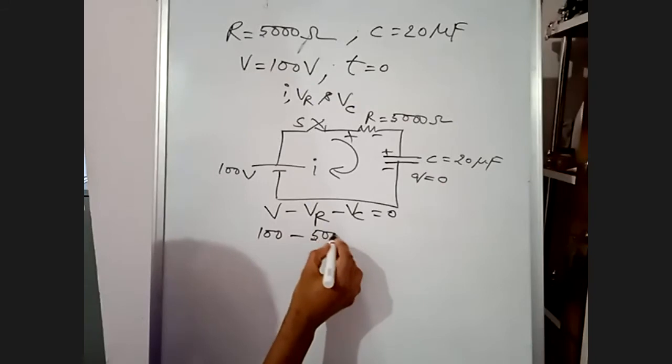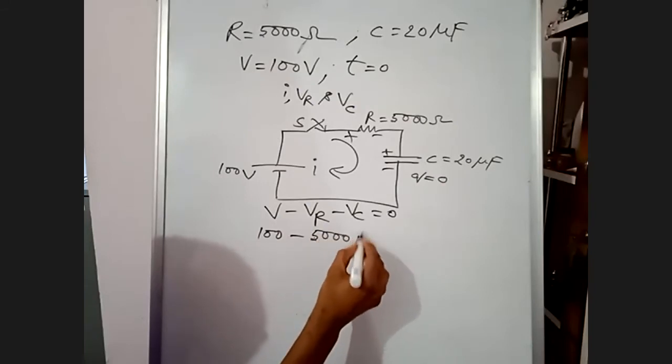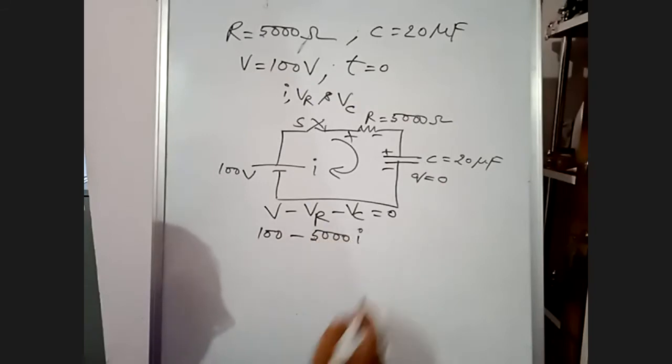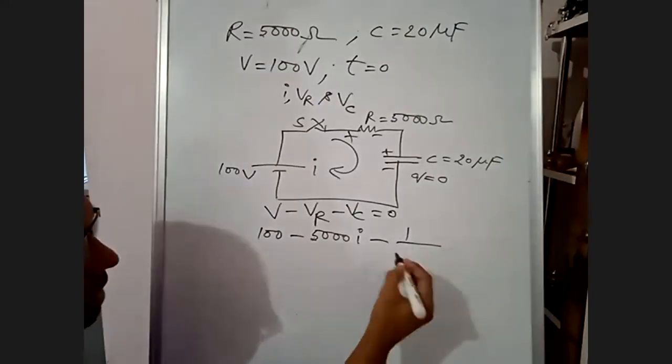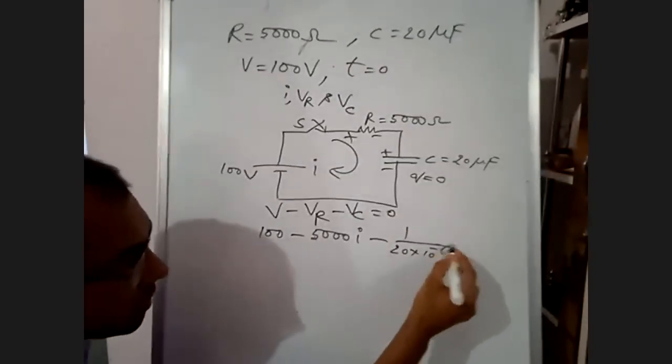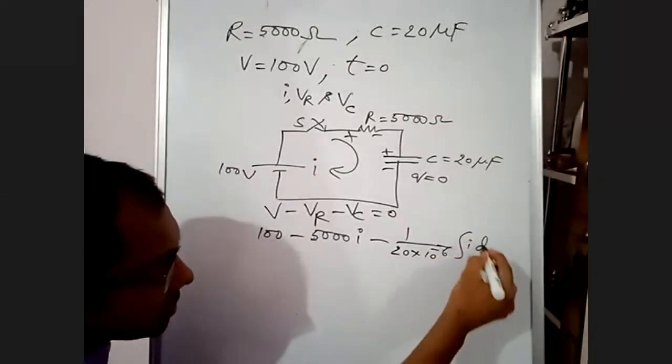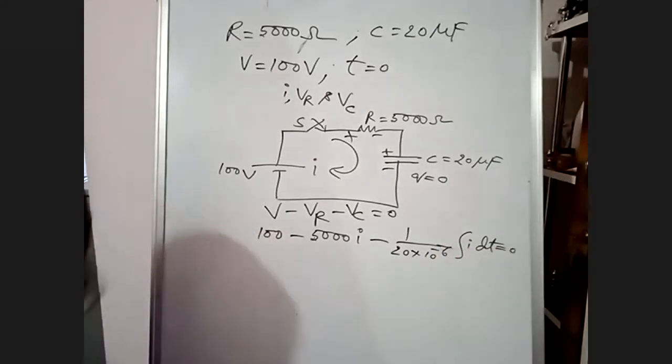Voltage across resistance is current multiplied by resistance, I into R, minus 1 by C, your C value is 20 microfarad, integral of I dt is equal to 0.